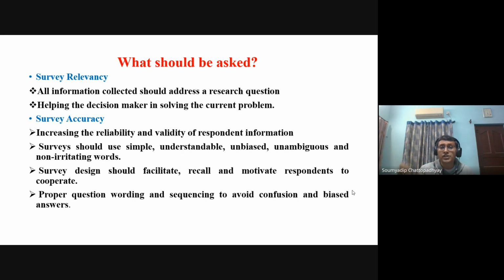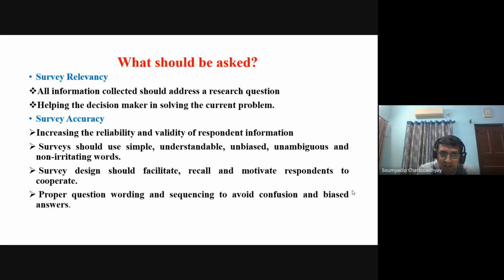The simpler the questions are, the better the possibility of getting good quality responses. Survey design should also facilitate recall and motivate the respondents to cooperate.